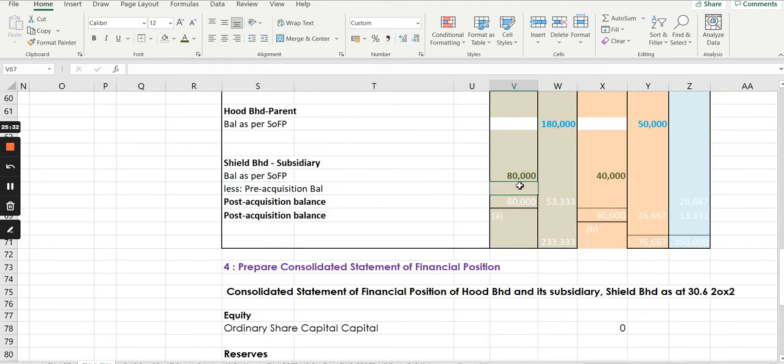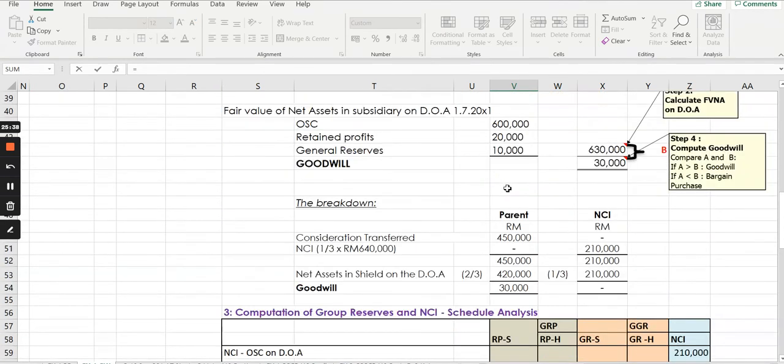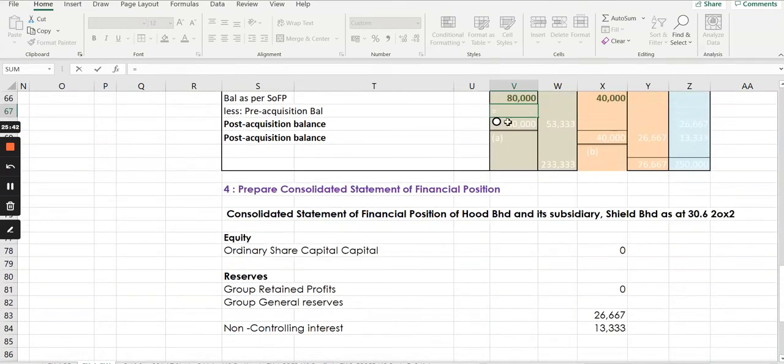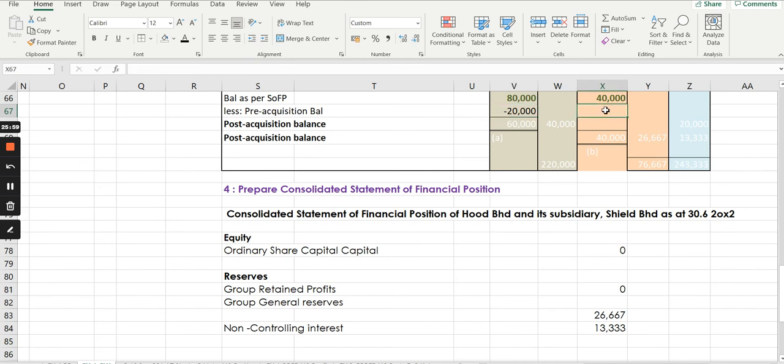To remove means, if you look, we need to check: 20 and 10. So here is 20. We need to remove it, so I put negative 20 here, to remove 20,000. And for this one it is 10.